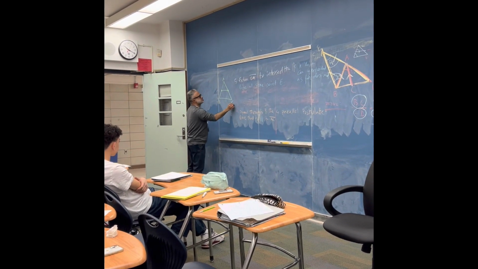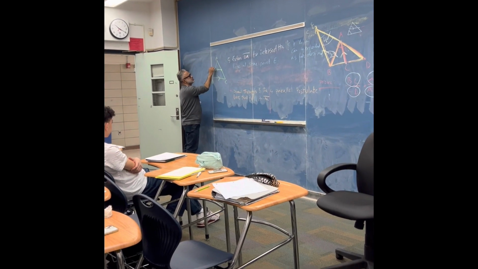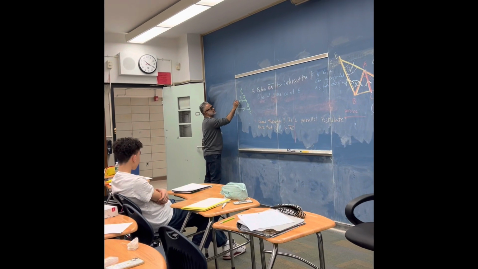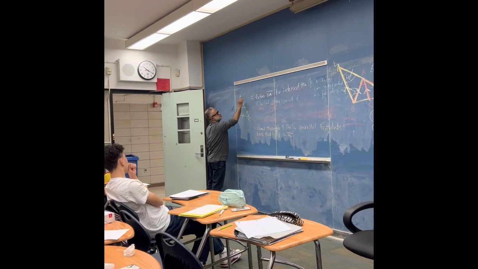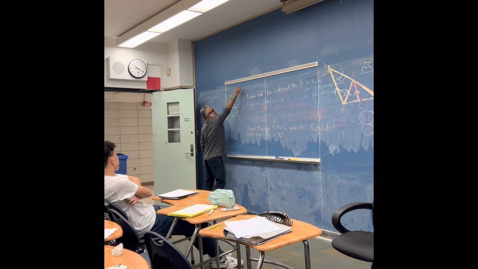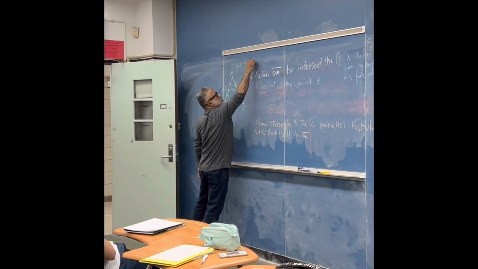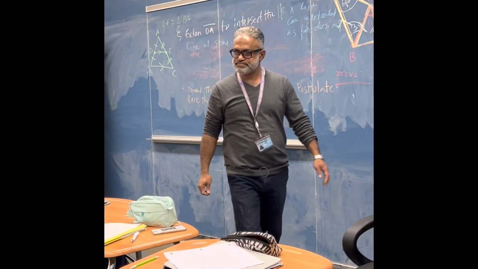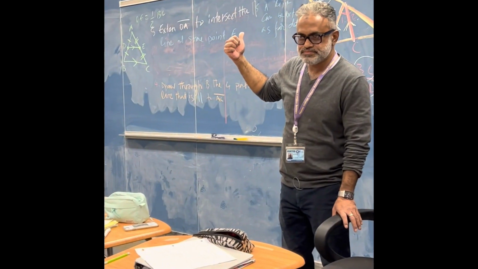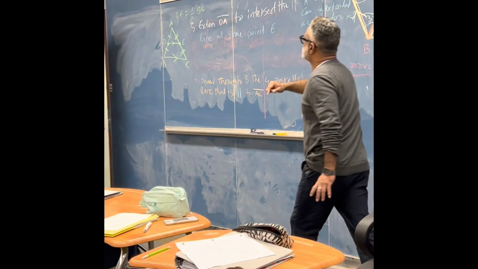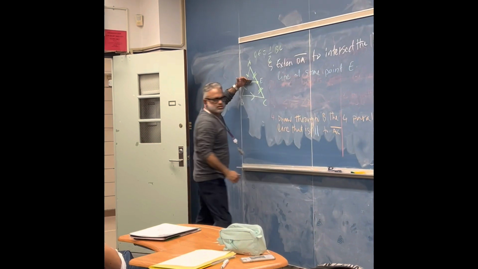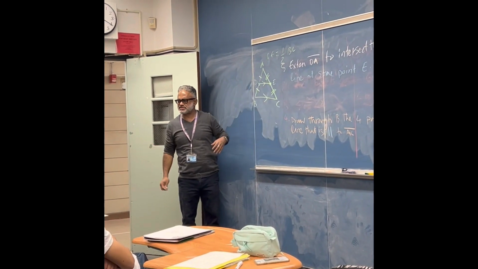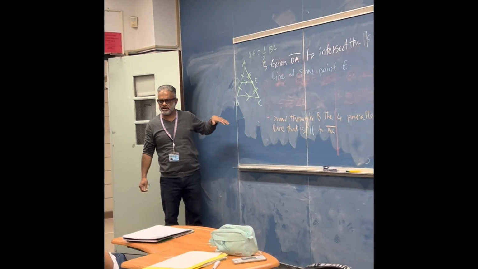In triangle ABC, if D is the midpoint, then DE is half of BC, right? That rule doesn't have any specific name as far as I remember.